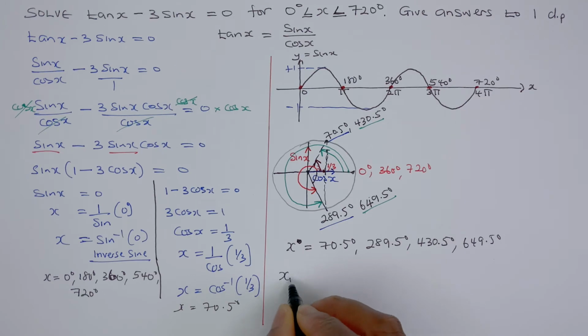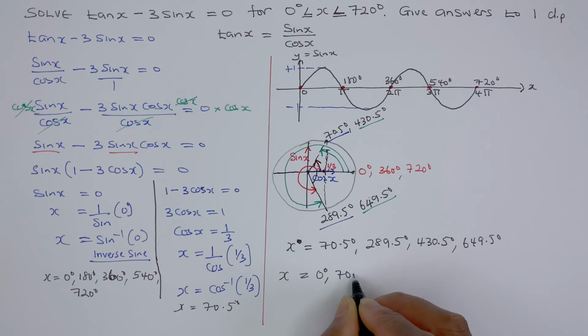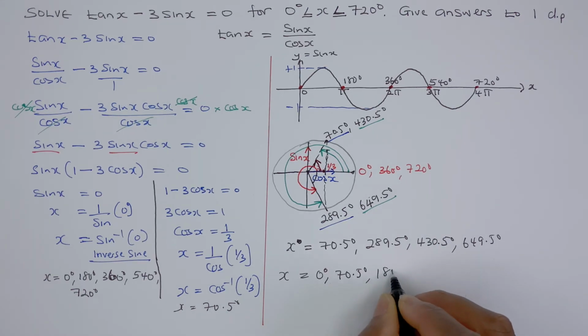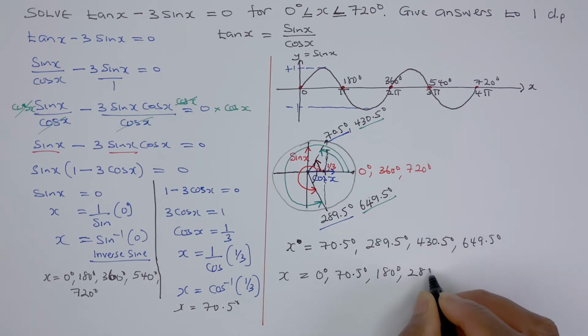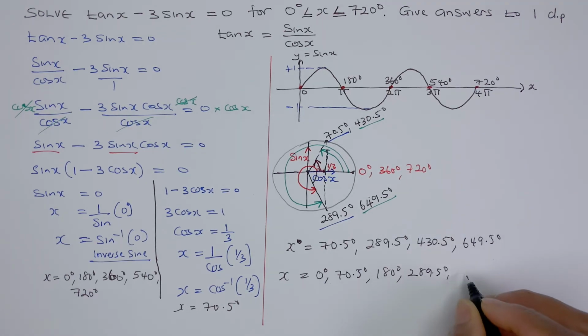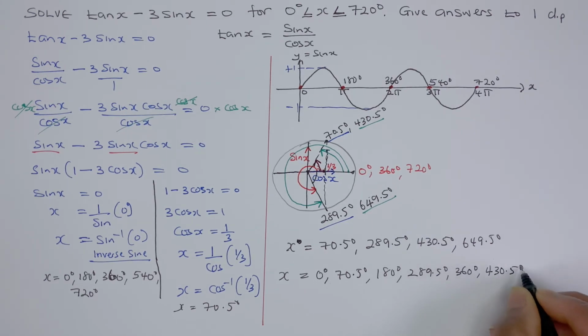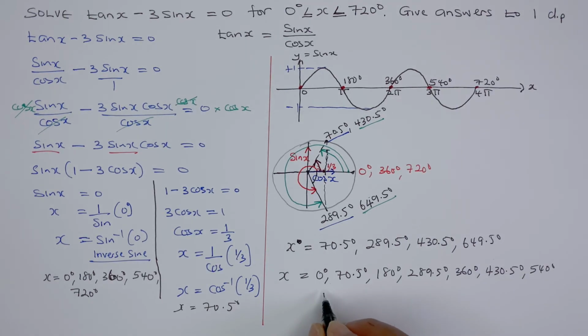Now the whole of the answer will be combining these and those for the two functions we've got. So x will be equal to 0 degrees, 70.5 degrees, 180 degrees, 289.5 degrees, 360 degrees, 430.5 degrees, 540 degrees, 649.5 degrees, and 720 degrees.